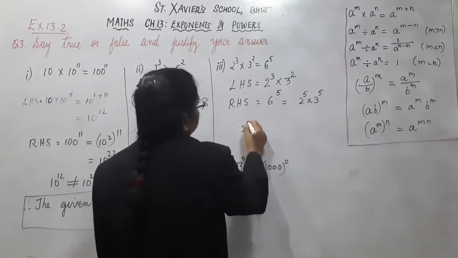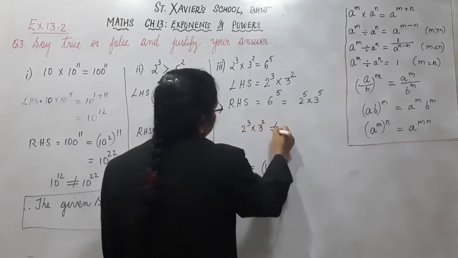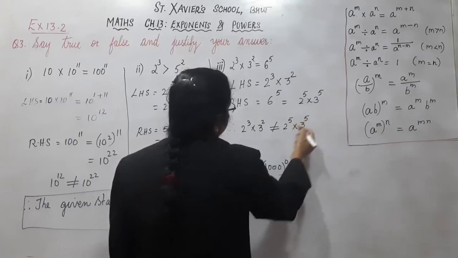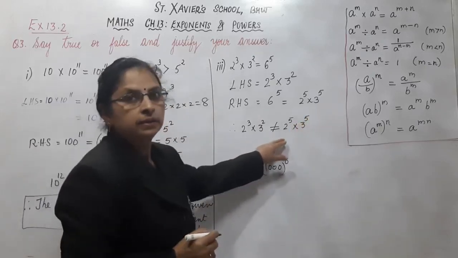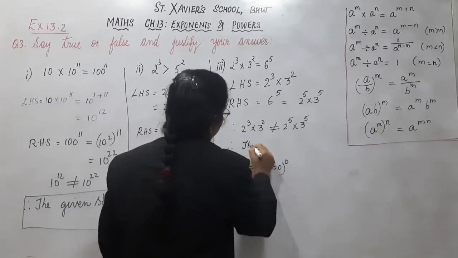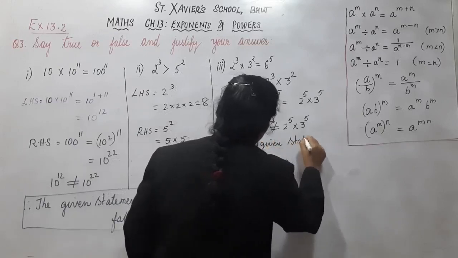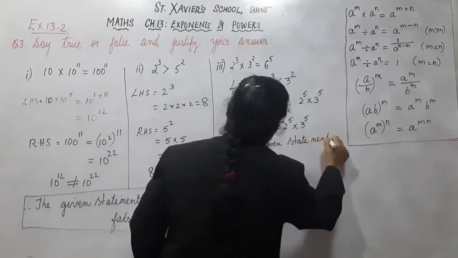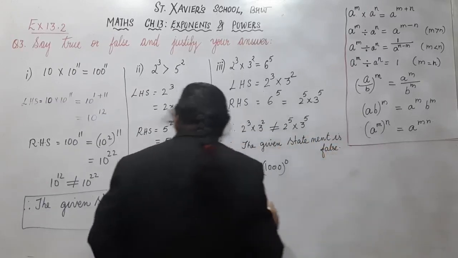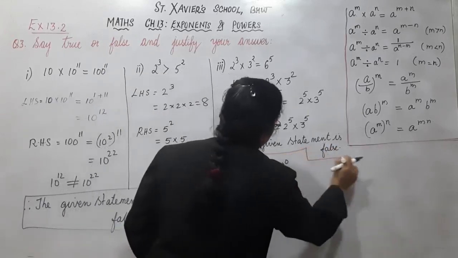Therefore, 2 cube into 3 square is not equal to 2 raised to 5 into 3 raised to 5. Isn't it? Therefore, the given statement is false. You have to give the reason why it is true or false.